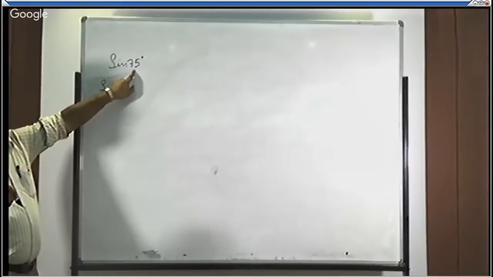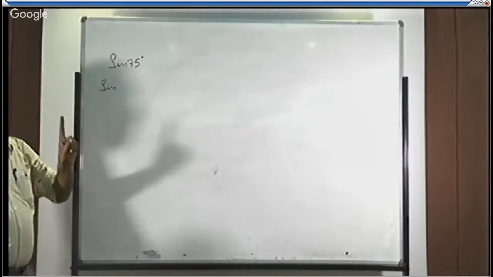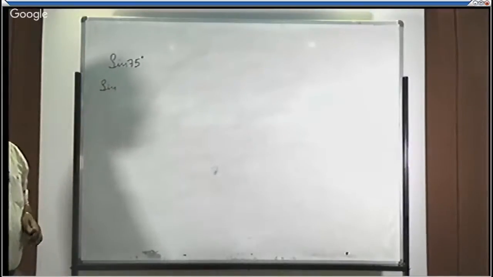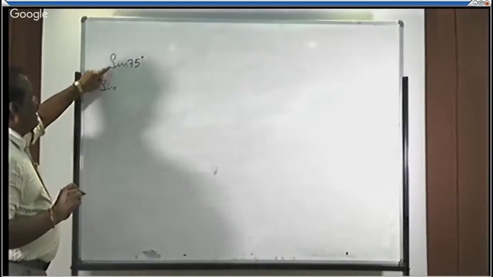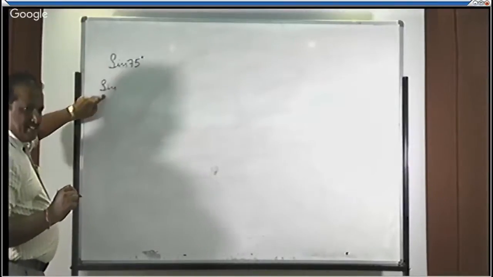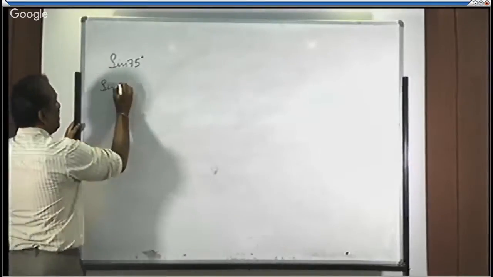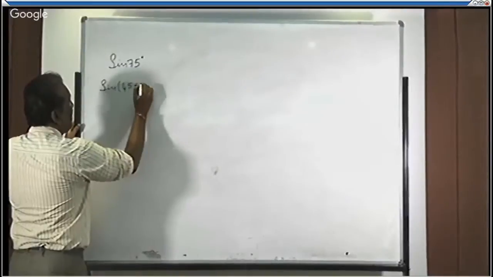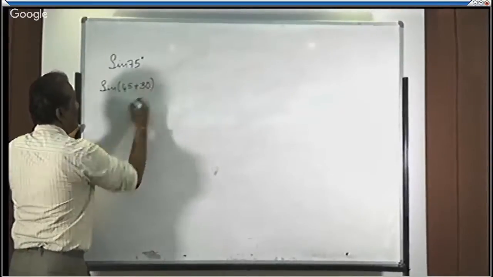When we add 45 degree with 30 degree, we get 75 degree. I mean 45 plus 30 is equal to 75 degree. Both 45 degree and 30 degree are standard angles. Next, write the same trigonometric function sine, and instead of 75 degree, rewrite it as 45 plus 30.